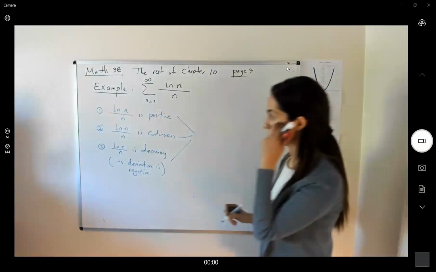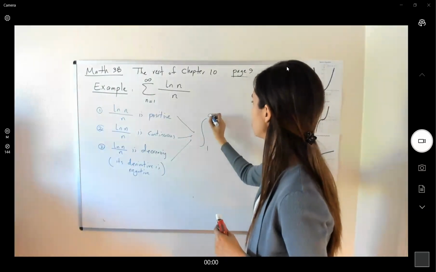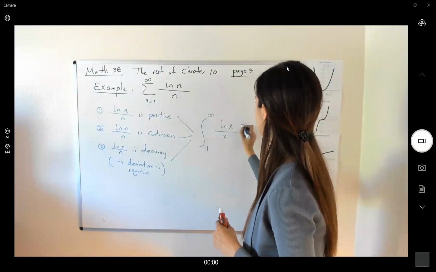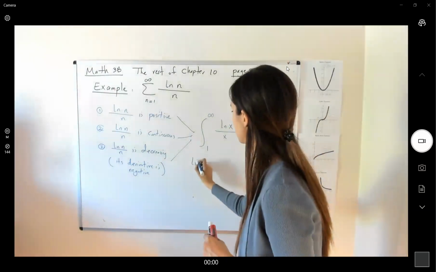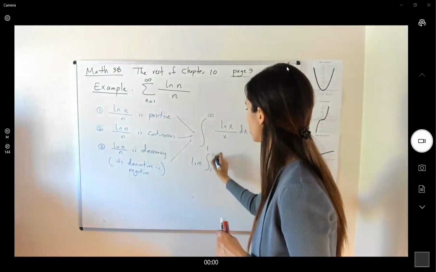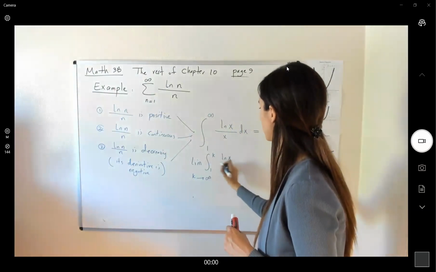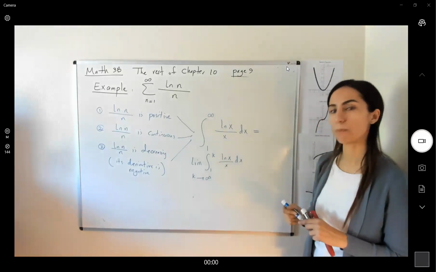All conditions are met. The improper integral 1 to infinity of ln of x divided by x dx. This is equal to the limit of integral 1 to k, k goes to infinity, ln of x divided by x dx. We can use the u-sub method.